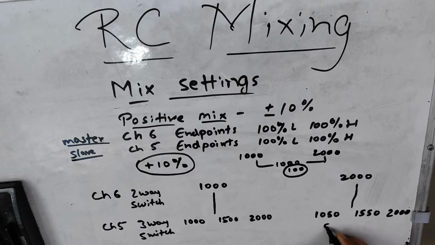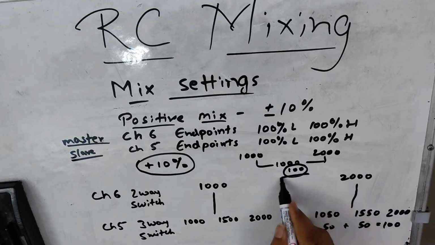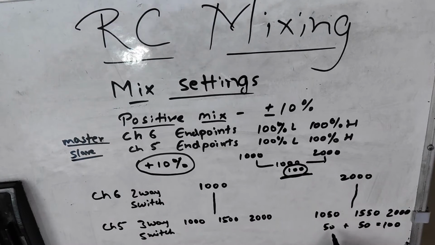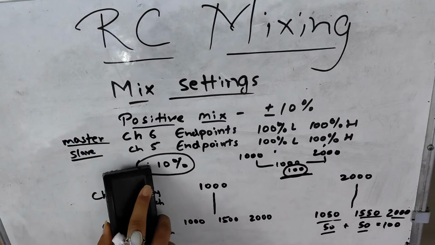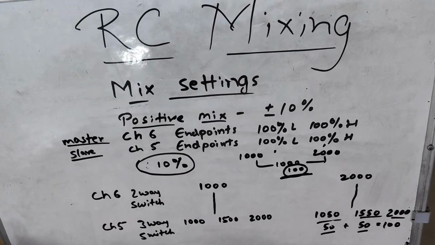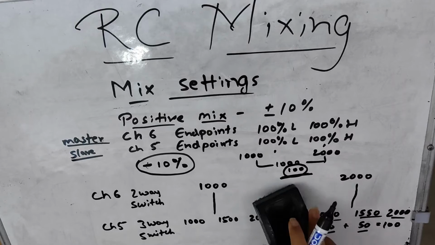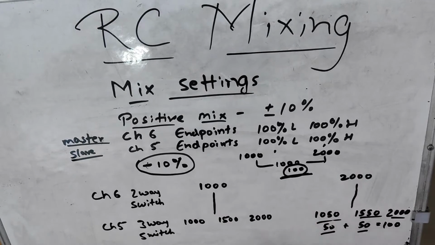For positive mix minus 10%, again when 1000 value of channel 6 is present, the values of channel 5 don't change. But when we switch to 2000 of channel 6, we can see that this time the values have reduced. But since 1000 is the last extreme and you cannot subtract any further from that, we subtract 50 and 50 from 1500 and 2000. So don't be confused.